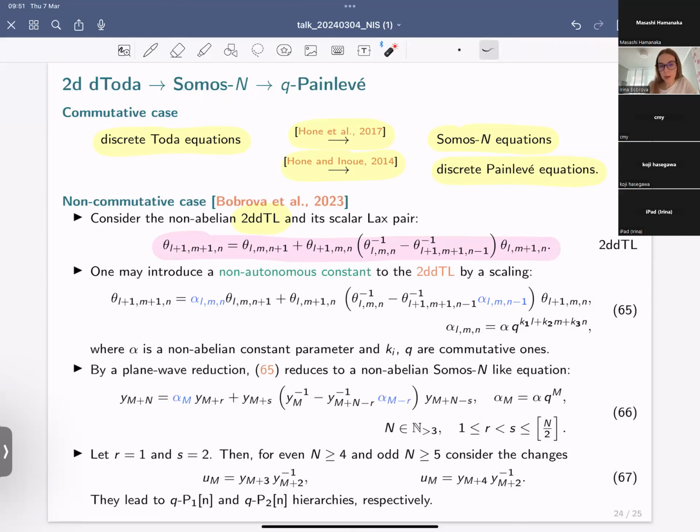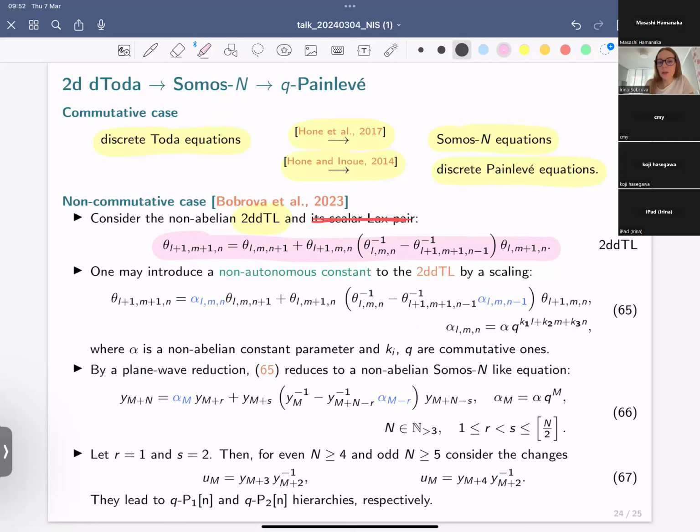It has many nice properties, like it has Lax pairs of different types, I mean, scalar Lax pair and matrix Lax pair. It can be solved in terms of quasi-determinants.